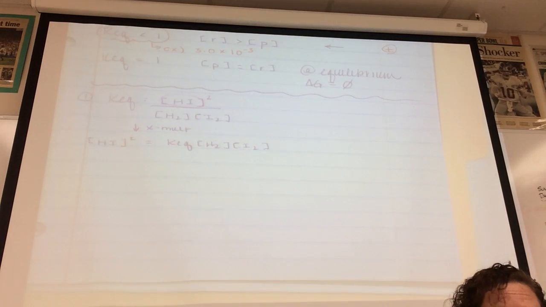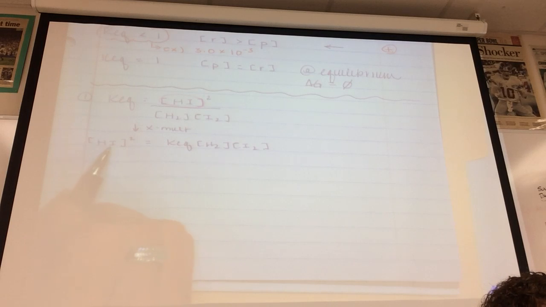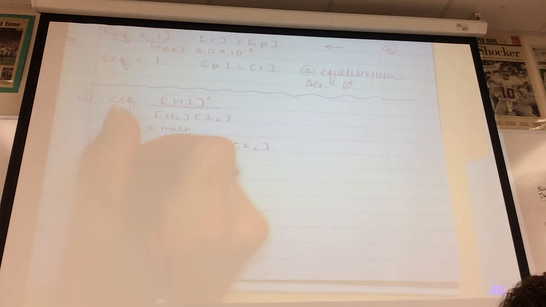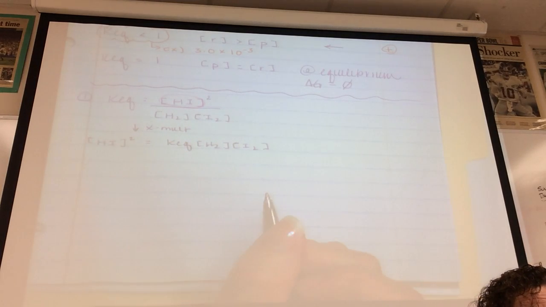So far, so good? I don't want hydrogen iodide squared. I only want it to the first power. 2 times what is equal to 1? A half. So I'm going to take the square root of both sides.